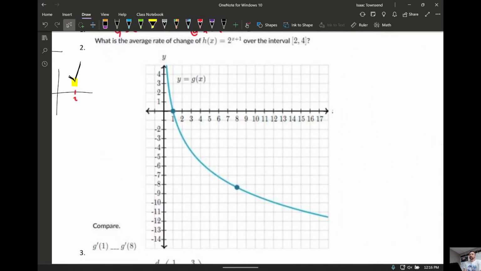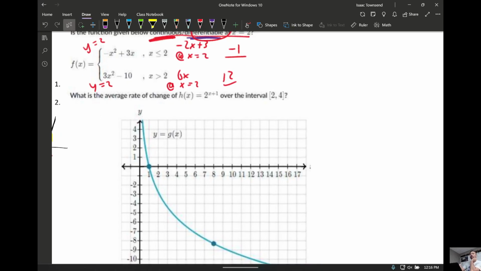Okay, without me telling you, oh, I'm sorry, there's question 2 here. What's the average rate of change of this function from 2 to 4? So this is not one we talk about much. What's another math term for average rate of change? Okay.